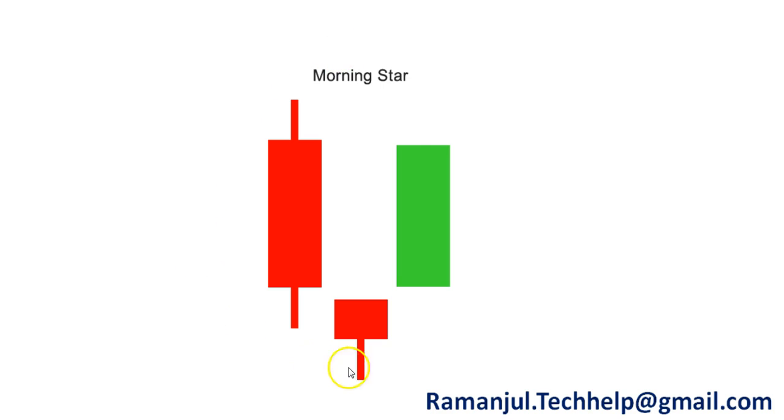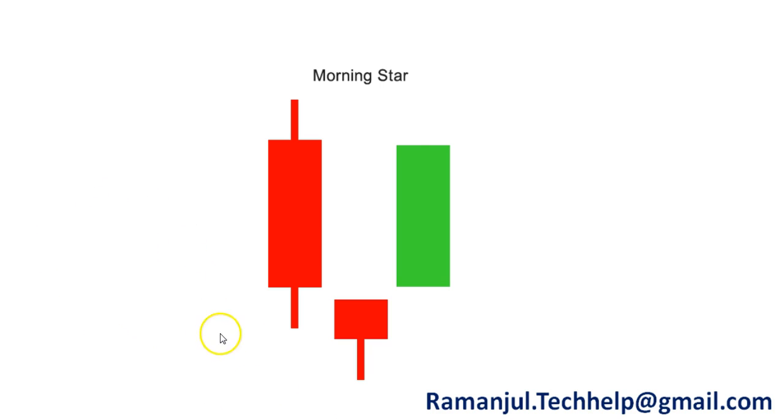The Morning Star appears only in downtrend markets. We can see this kind of Morning Star in equity stocks, and in indexes also we can trade using this Morning Star.